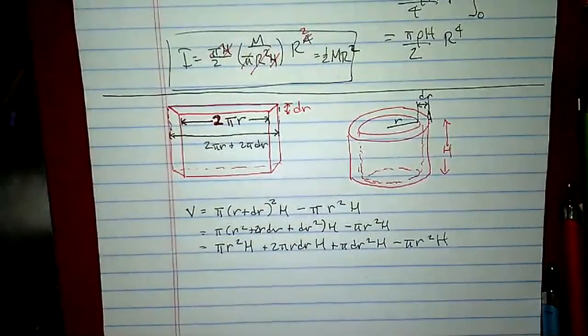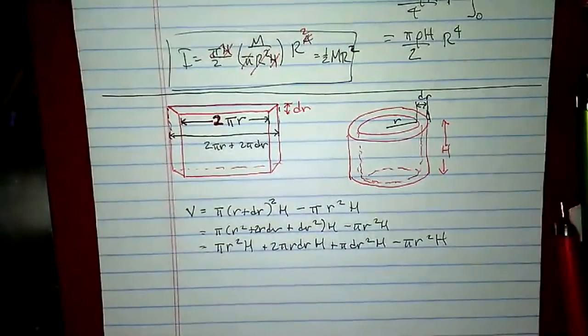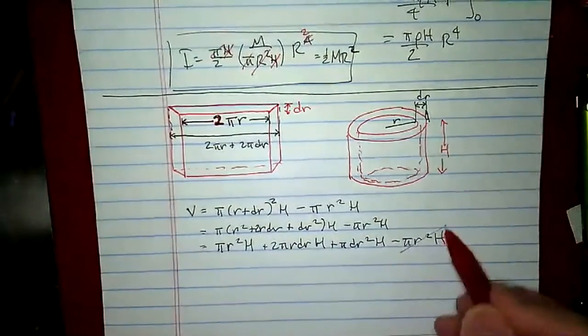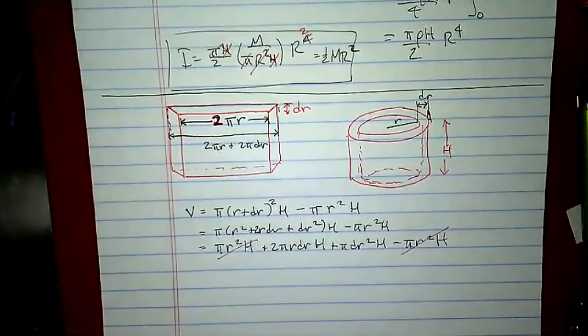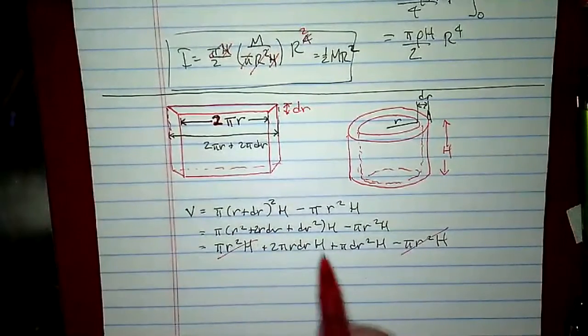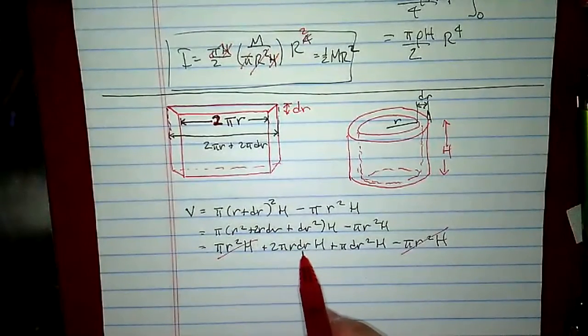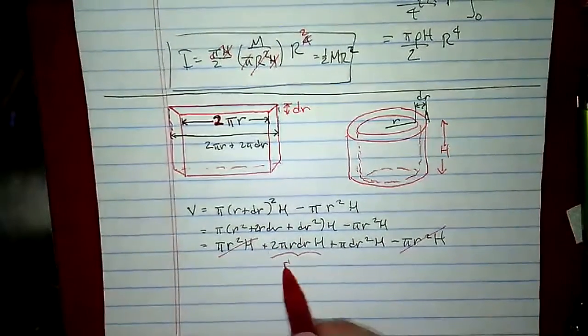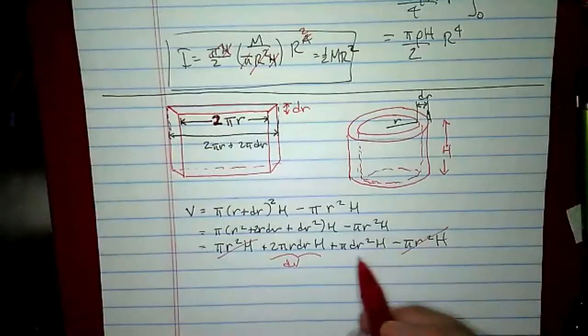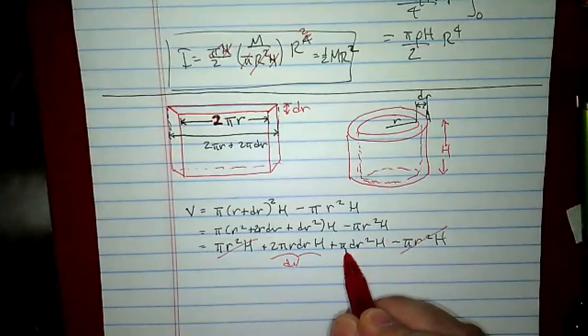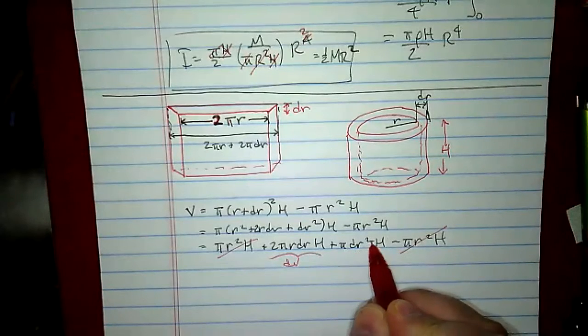If you look now, you can see that this pi r squared h cancels out completely with this pi r squared h, and all I have is this 2 pi r dr times h, which is what I used as my differential volume element. And notice it differs by this quantity, pi dr squared h.